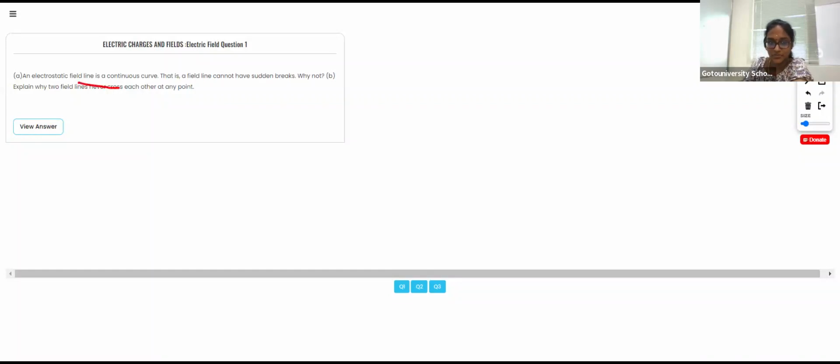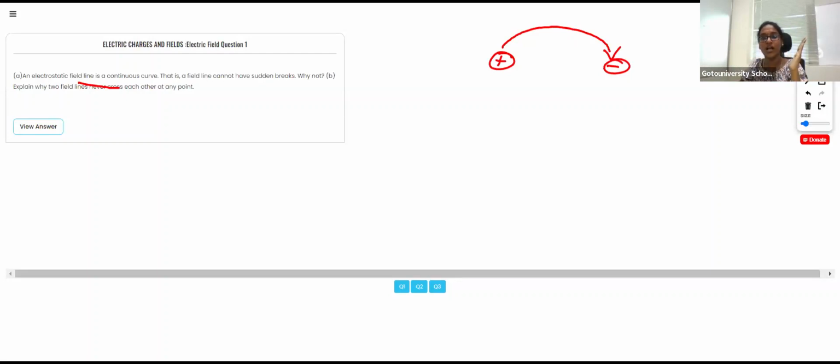If the lines are cutting each other, plus and negative, right? I said already the lines will start from positive and go to negative. So imagine if they are crossing each other, the direction will get changed. We can't say that, because here we are keeping that as a constant.